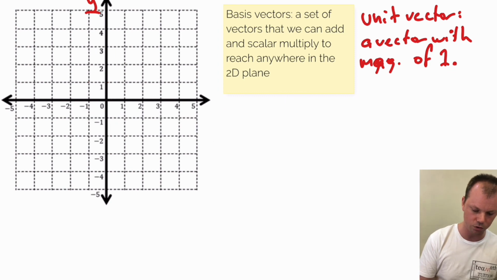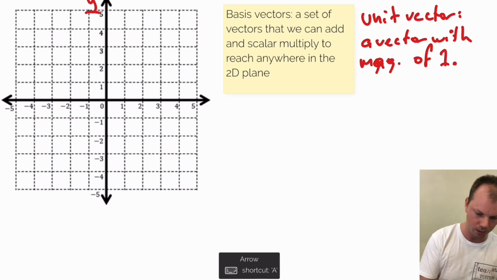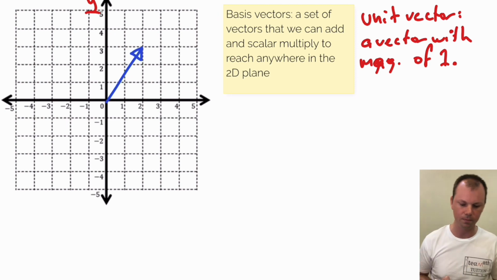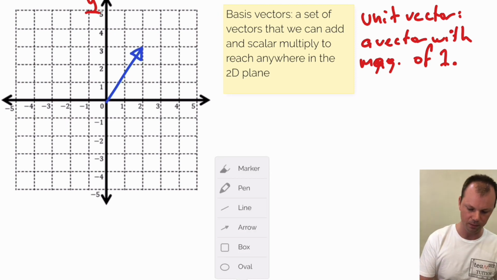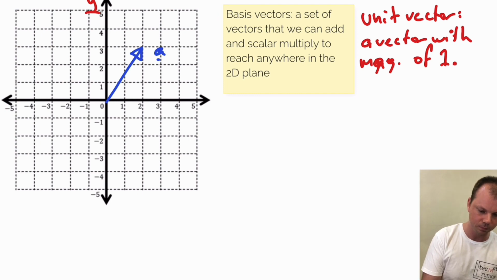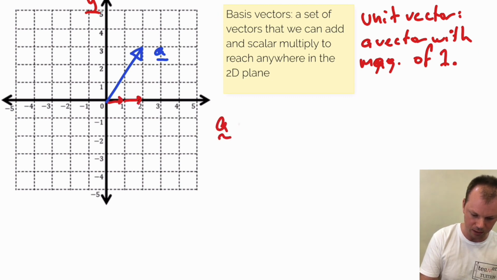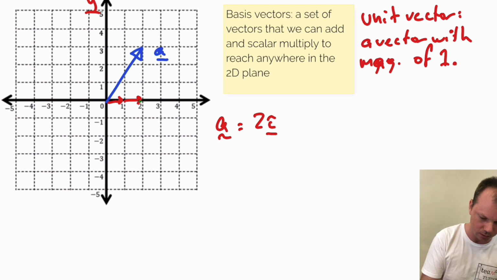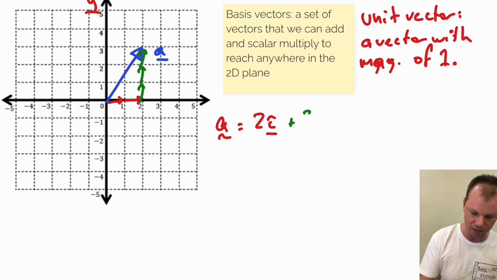If we draw a vector like this, let's call it vector A. A is made up of two lots of our i vector, so we can write A is two lots of our i vector and three lots of our j vector.